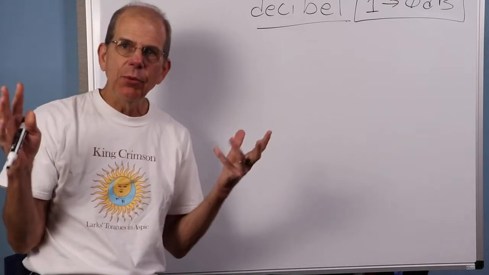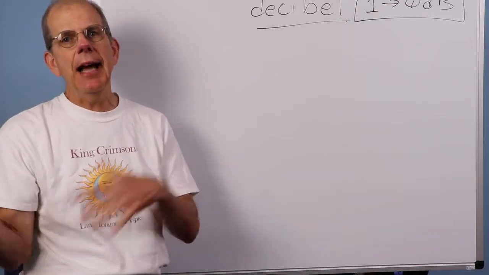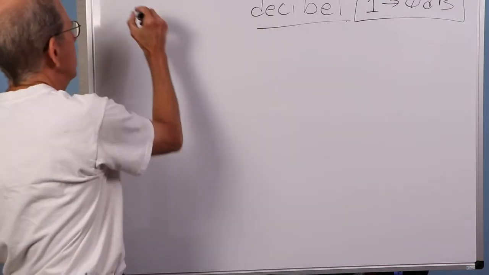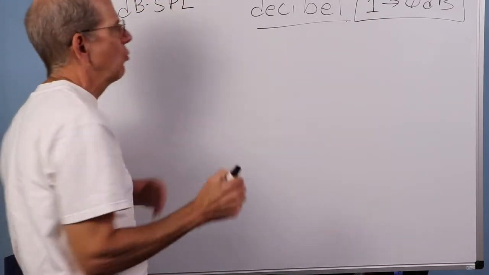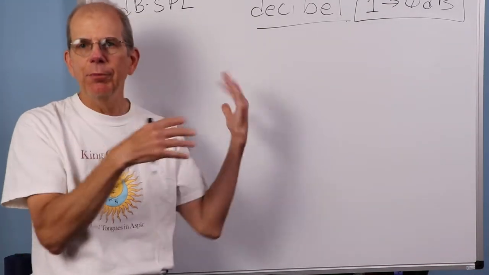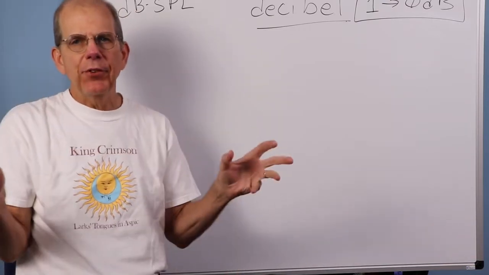In sound, we're primarily interested in sound pressure level, what is called dBSPL, right? SPL, sound pressure level. So for sound pressure level, we need a reference, right? That power 2, or in this case, the pressure 2, the thing in the denominator. We need a reference for that.